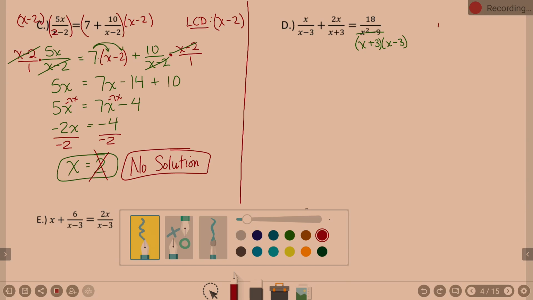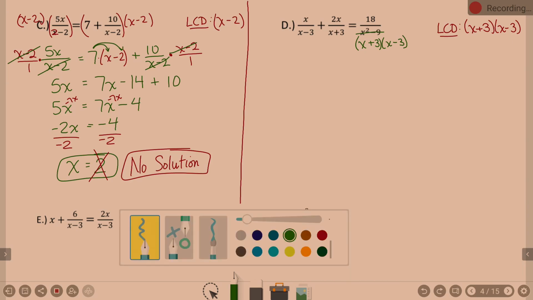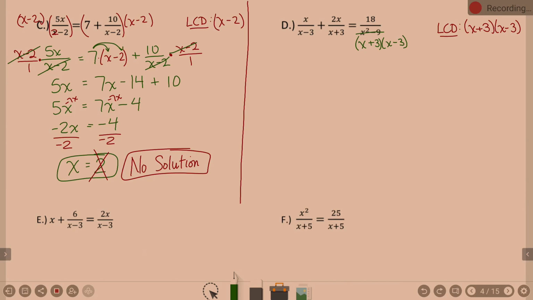Coincidence that it factors into the same pieces? Not really. Okay, what's my least common denominator? X plus 3, x minus 3. We have an x plus 3 in common. We have an x minus 3 in common. And any other leftover pieces? No. Okay. You're not writing it out, or are you still writing it out?